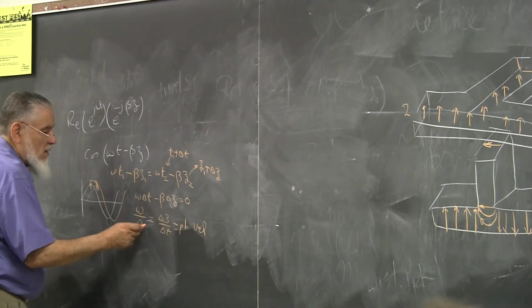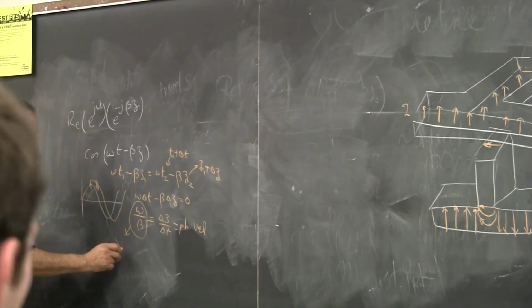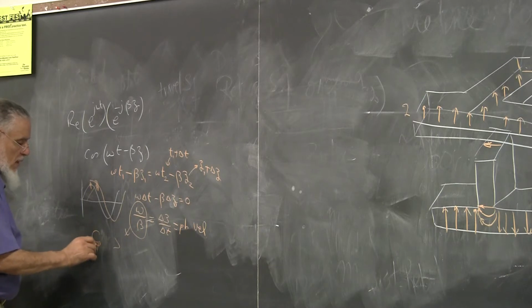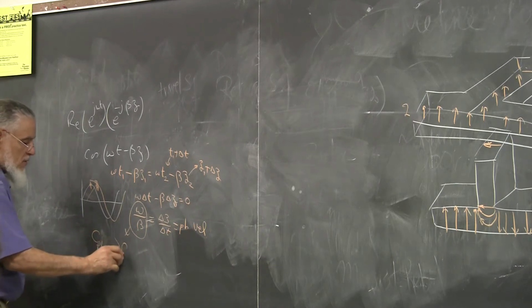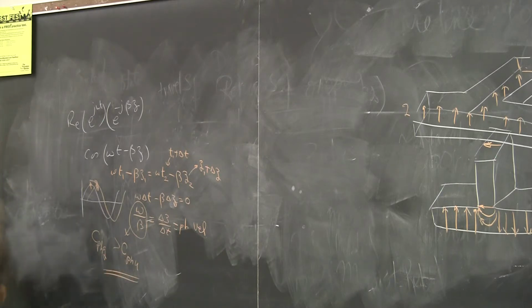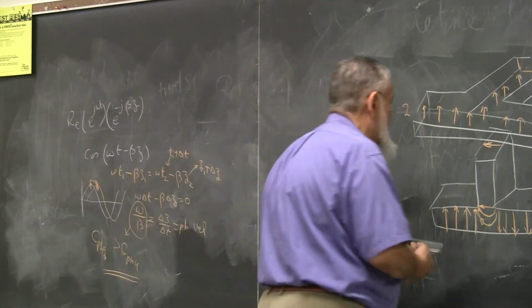Right? And that turns out to be greater than C, the phase velocity in the guide is greater than C unguided, right? So that was the phase velocity.